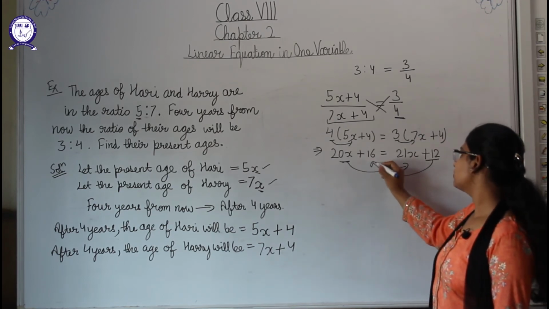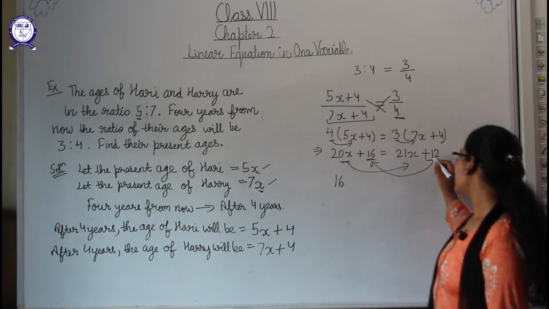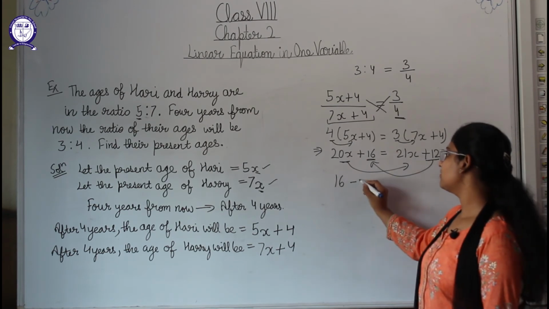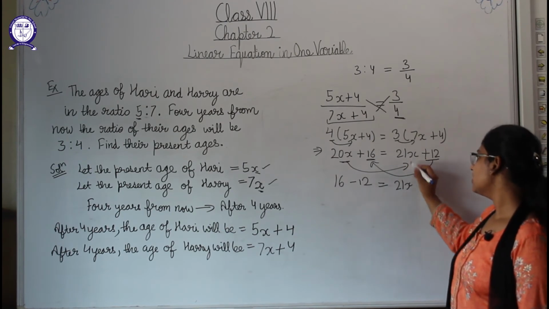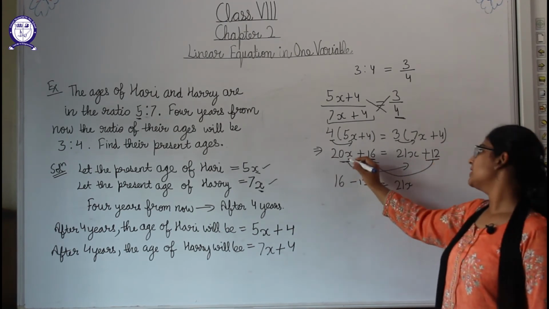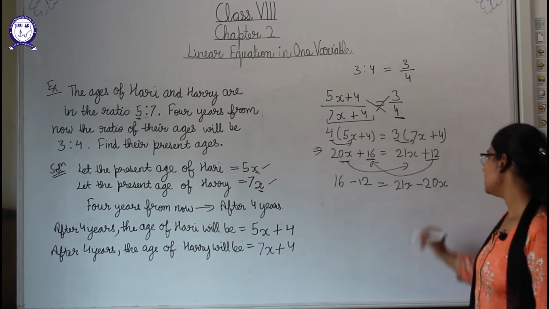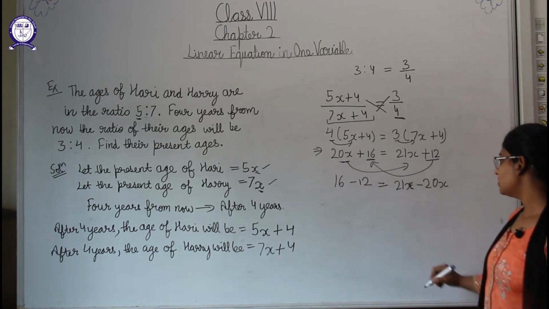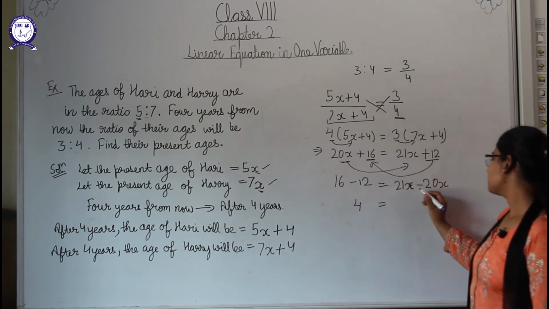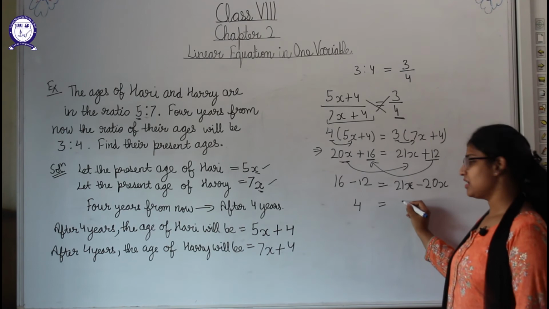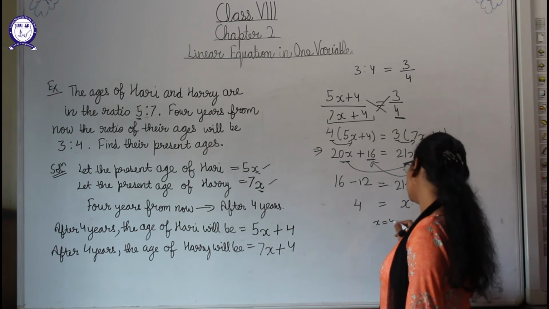We will take this 12 to this side; it is positive so it will become negative. 16 is here only, so we write 16 minus 12 equals 21x minus 20x. Now 16 minus 12 is 4, and 21x minus 20x will be 1x, or we can write x. So we are getting the value of x to be 4.